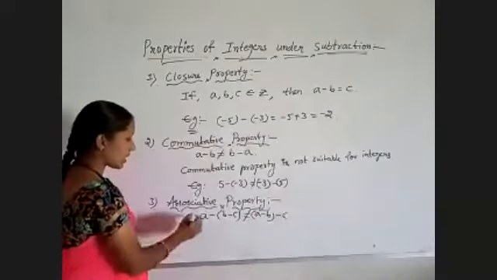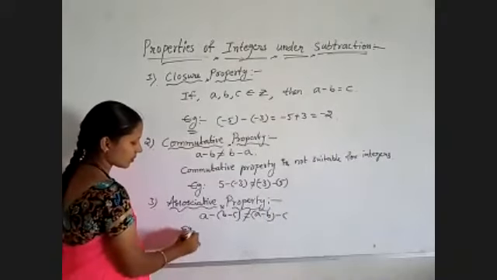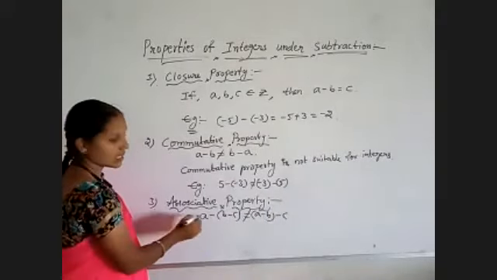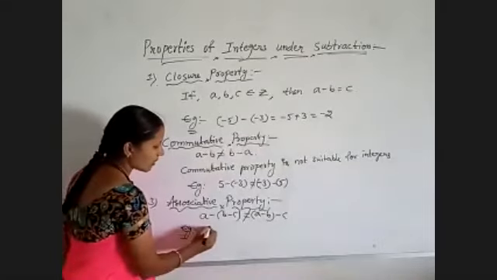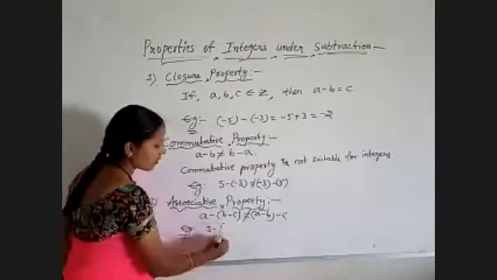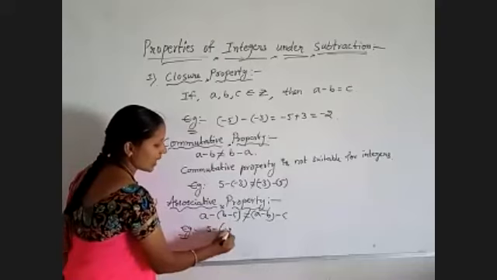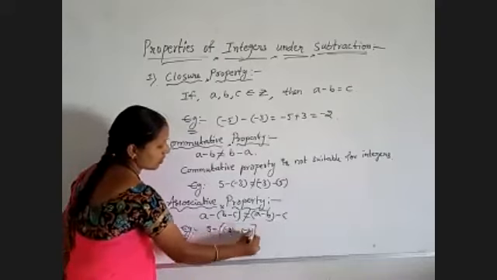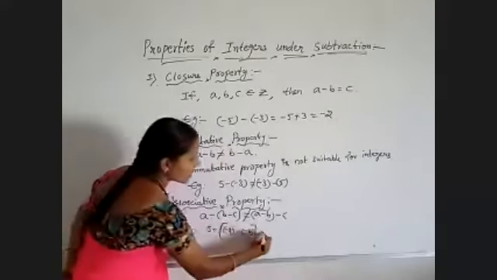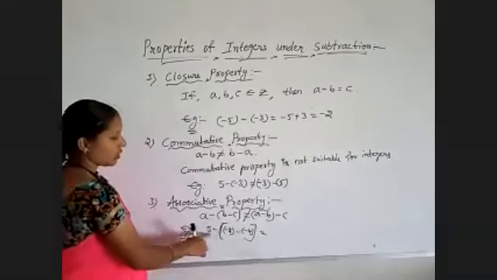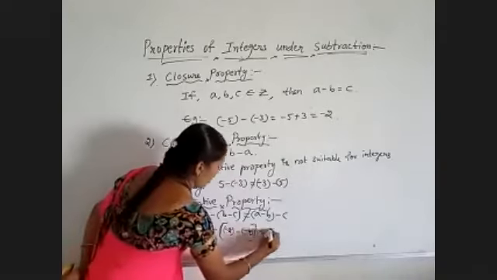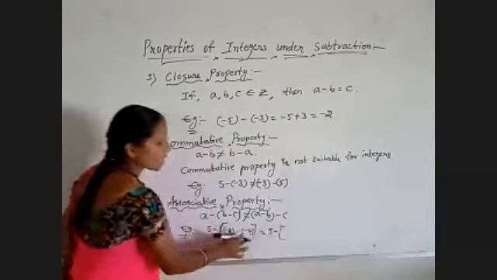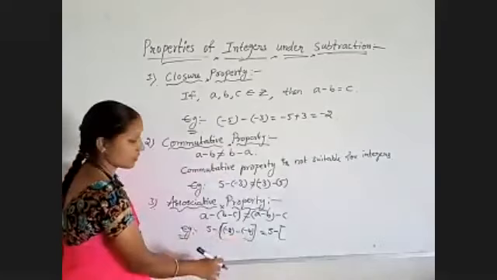So let us take one example to understand easily. I am taking a value as 5, b value as minus 2, and c value as minus 4. Now what is the result? Just observe: 5 minus of, whatever is there in the bracket, that one we need to finish first.